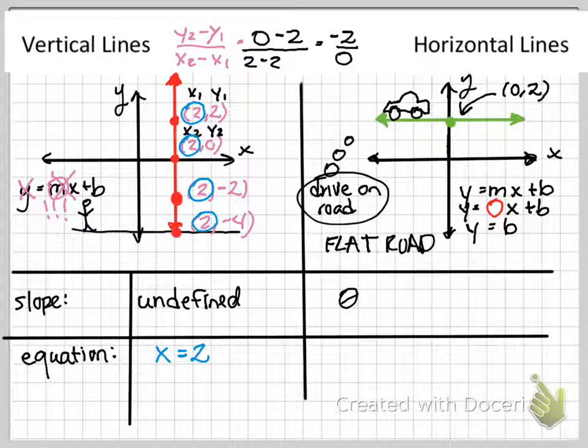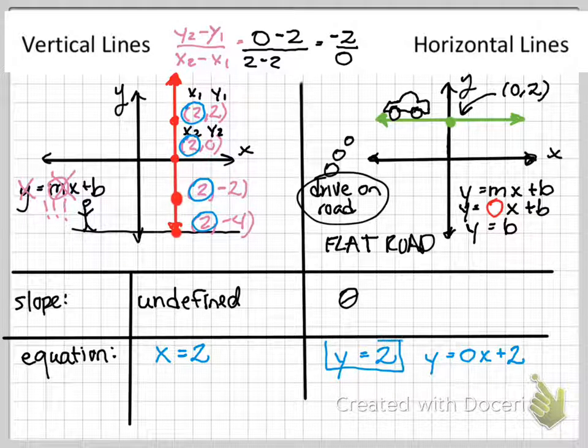So when we write the equation of horizontal lines, all we have is our y-intercept, because our slope is 0. If it made you feel better, you could even write y = 0x + 2. We don't do that as math people because we know that 0 times anything is 0, and so we just leave it as y = 2.